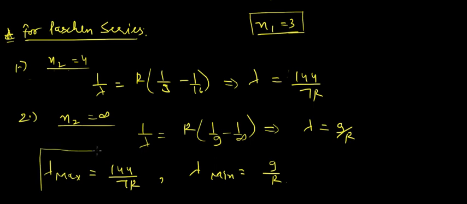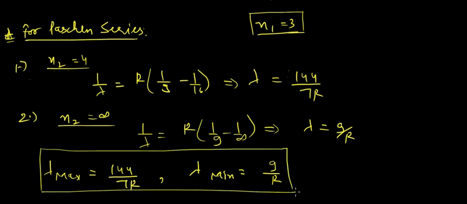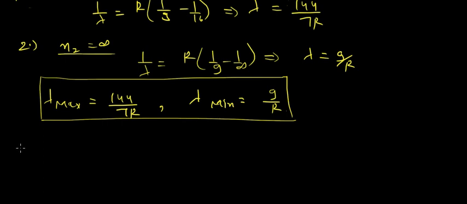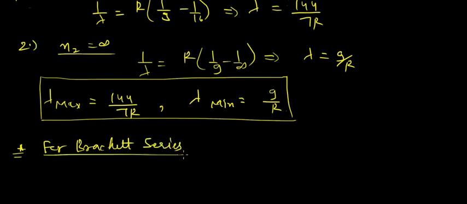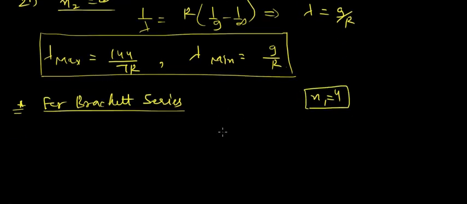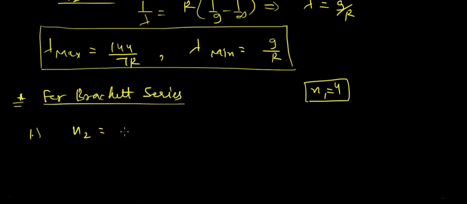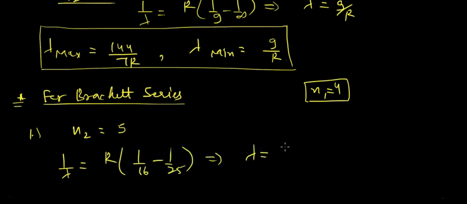Next let us see the Brackett series. For the Brackett series the same things repeat: n1 would be 4 in this case, and the first case is when n2 equals 5. Then 1 upon lambda would be R times 1 upon 16 minus 1 upon 25, which gives lambda as 400 upon 9R.